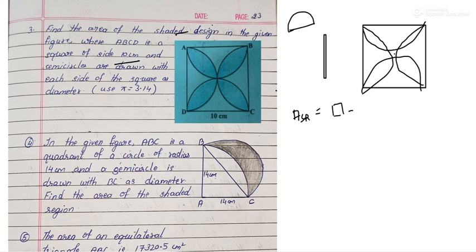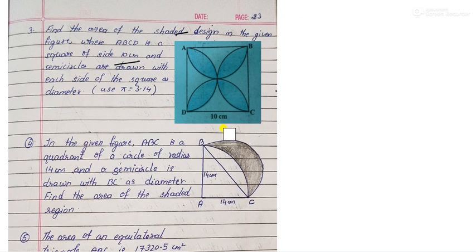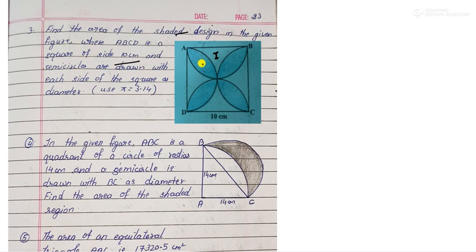Now let me erase this. Now what are you going to do to solve this? See, what you can do, you can just mark these as 1, this as 2, this as 3, and this as 4. Now what can we do? If I need to find the area of quadrant 1 and 2, first let me find the area of 1 and 2.